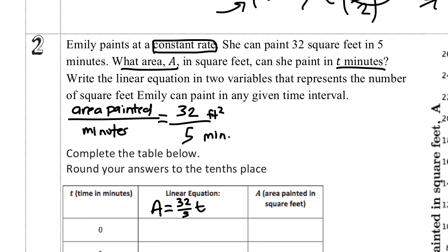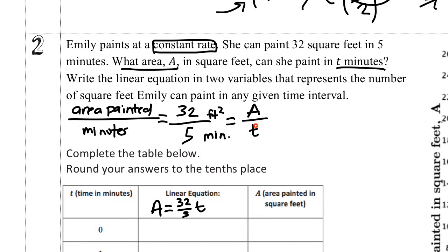If I wanted to make an equation out of this, then I would have to set it equal to the variables that are representing those values. So in this problem, it tells me that A is representing the area, so I'm going to put A on top. And T is representing the minutes, so I'm going to put T on the bottom. When I do this, this allows me to actually make a linear equation. Actually, this is a linear equation.